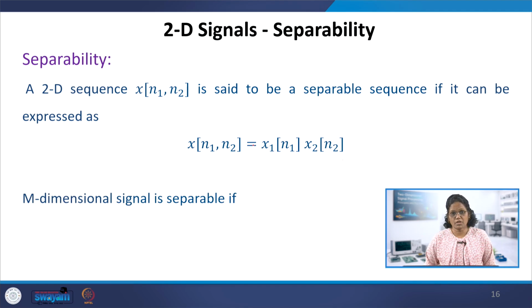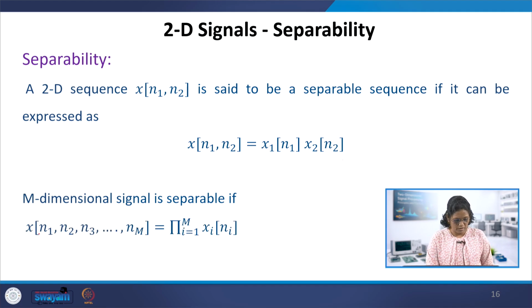If it is m dimensional, this can be extended to m dimensions also. In that case, x is a function of many arguments n1, n2, n3 up to nm, which is equal to the product over i varying from 1 to m. Now, how many dimensions do we have? For example, 2, i equal to 1 and 2, of x i of n i. So this x suffix i, this is x1 and n i is 1.